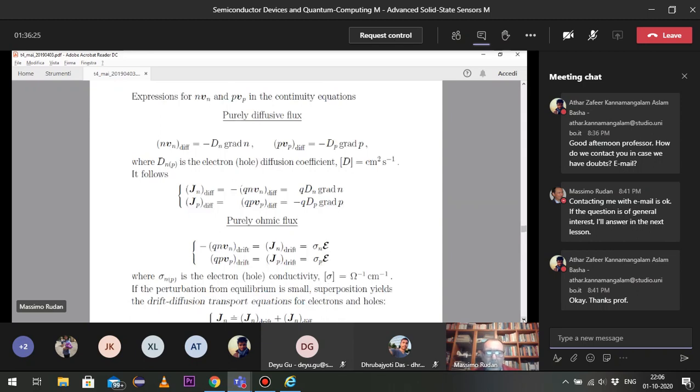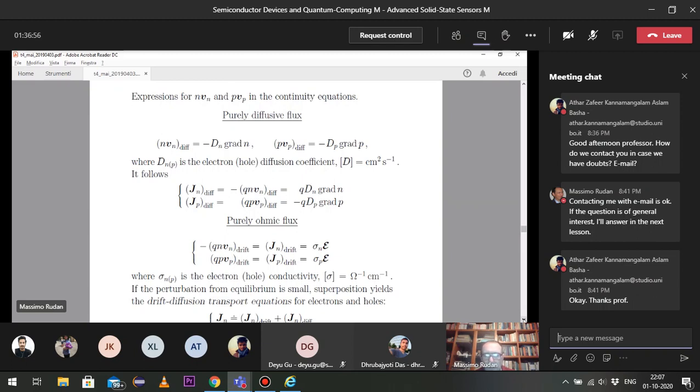When we have a purely diffusive flux, we have that particles move, meaning there is a non-zero flux of the particles because their concentration is non-uniform. So particles tend to move from the regions where the concentration is larger to regions where the concentration is smaller.